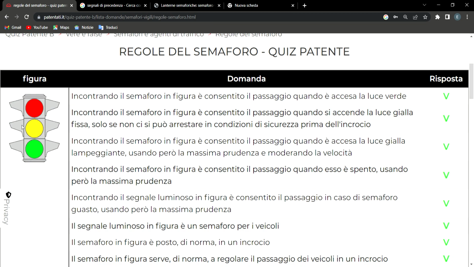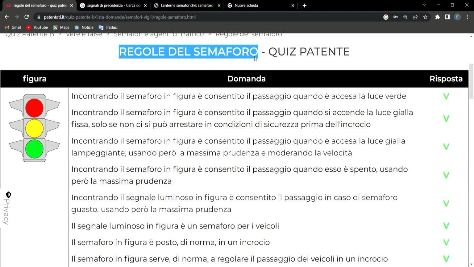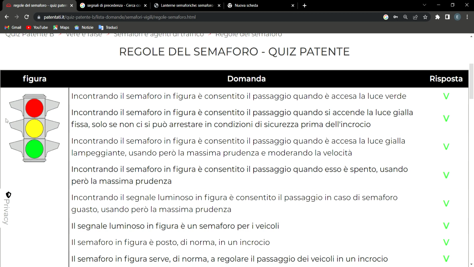You can see it here, the semaphore. The term semaphore in English is known as the traffic light. You can see it here.